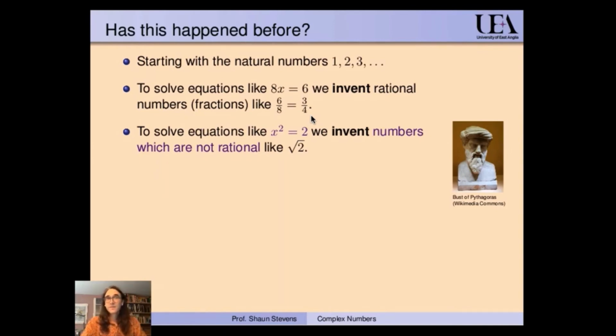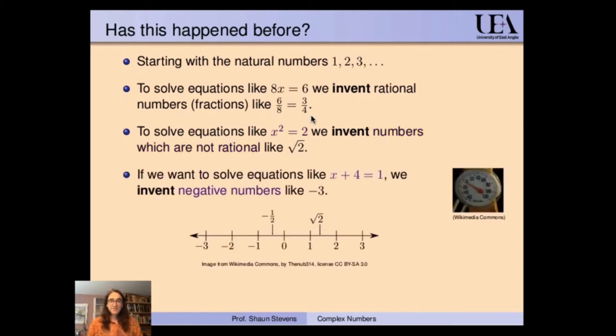Now there's something that I've sort of missed out, but historically it really did come later. What if we want to solve equations like x plus 4 equals 1? If you're going back to Greek times, this just didn't make sense. If you asked to what number, if you add 4, do you get 1, they'd have said there are no solutions.